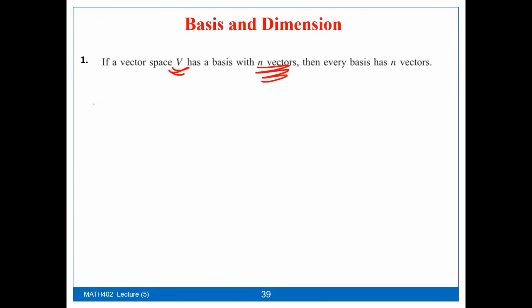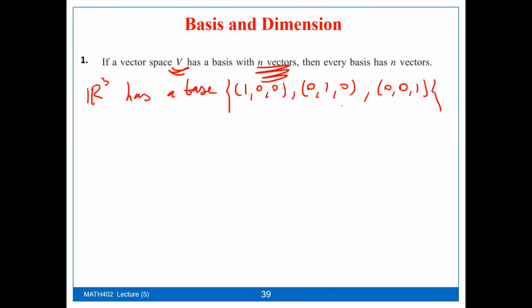So we know that R3 has a base 1 0 0, 0 1 0, 0 0 1. How many vectors are there in this base? We have 1, 2, 3 vectors. So any base of R3 must contain exactly 3 vectors.